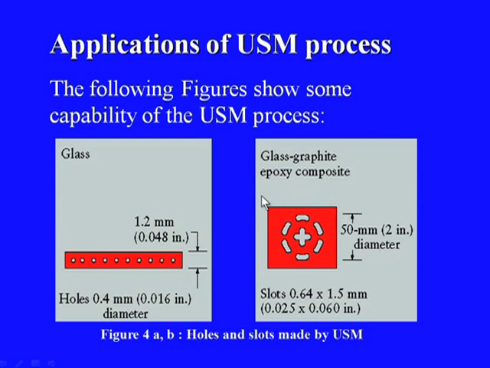Again, this is another machining example in which a strip having 50 millimeter width has a number of slots being cut using ultrasonic machining, and each slot measures 0.64 into 1.5 millimeter in dimension.